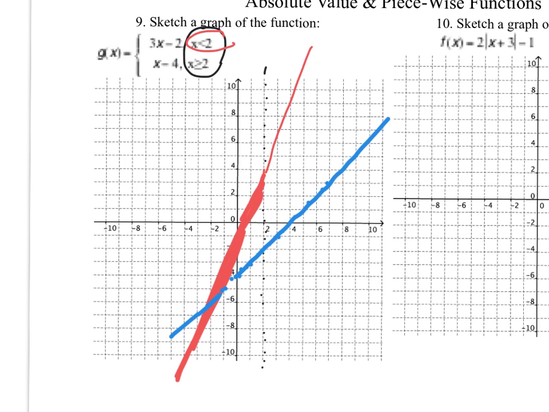All right, and I'm going to do this in a nice big part, so I'm going to look where x is greater than or equal to 2. That's going this way. And now I fill in my circles. The left half has an open circle, and the right half has a closed circle.